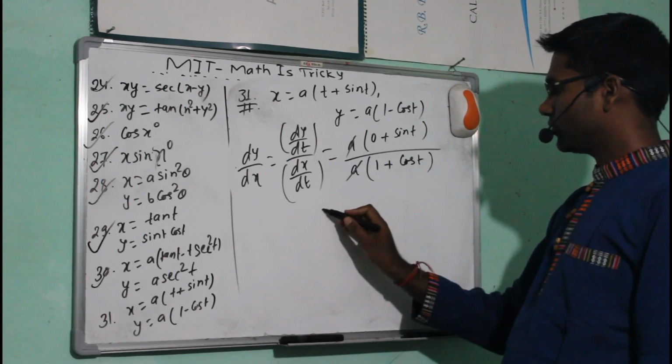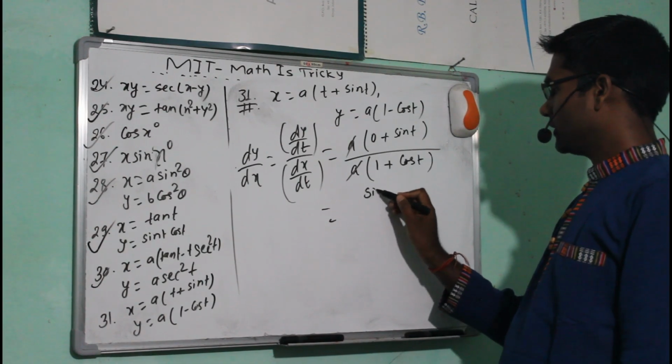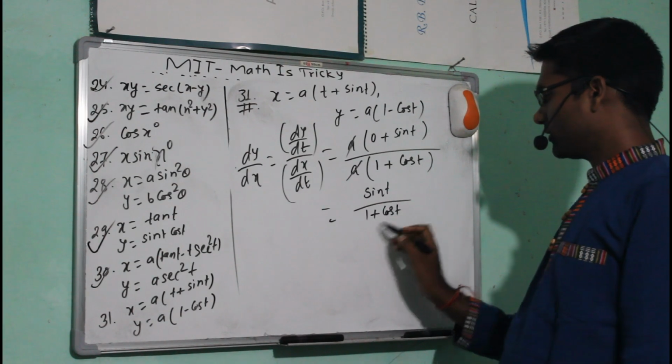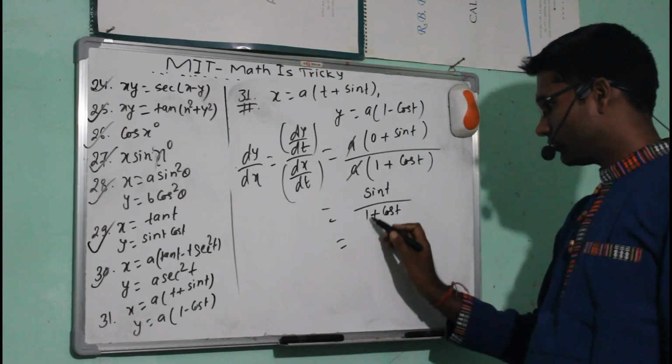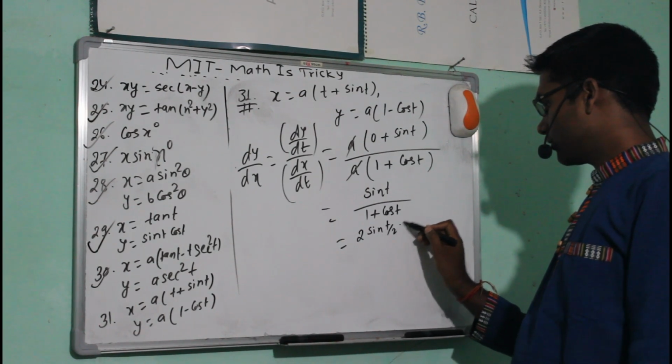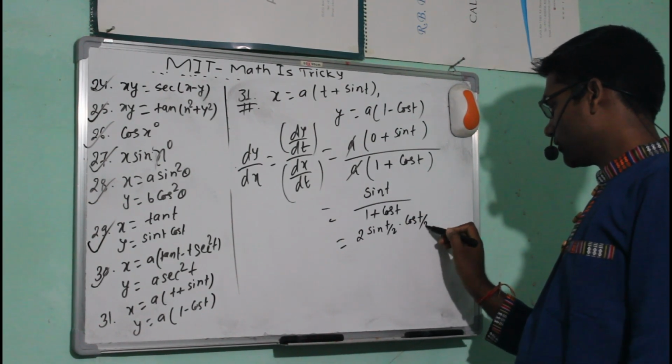So a and a cancel, so we have now sin t by 1 plus cos t. If possible, simplify further, so we can use the half angle formula, 2 sin t by 2 cos t by 2.